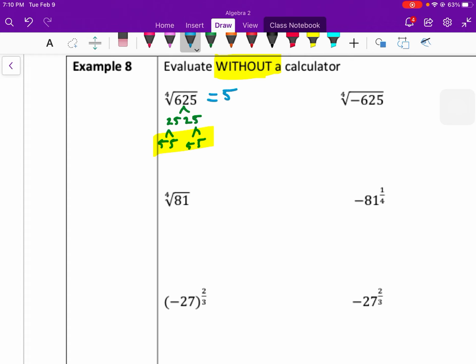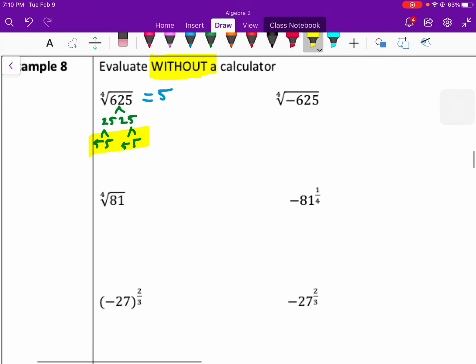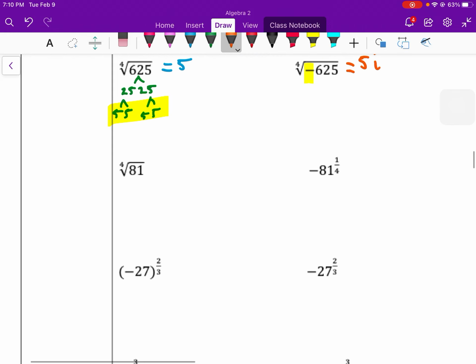So right there we have 4 factors of 5, so this is simplified to 5. In this next one, however, now there's a negative, and like that note we made, if we have that negative in the radicand, then it's going to be imaginary, so instead of 5, this will be 5i.